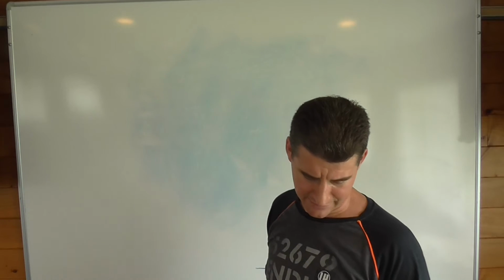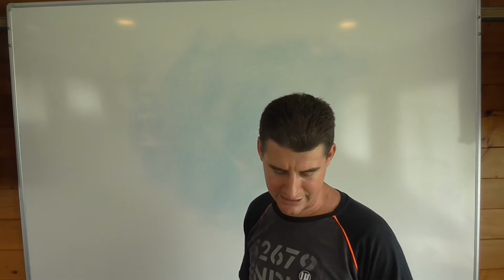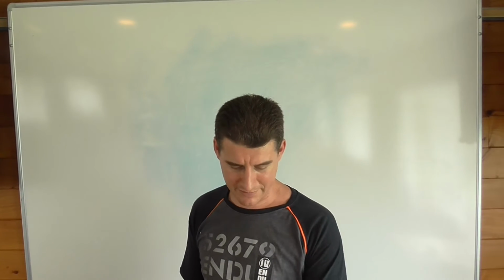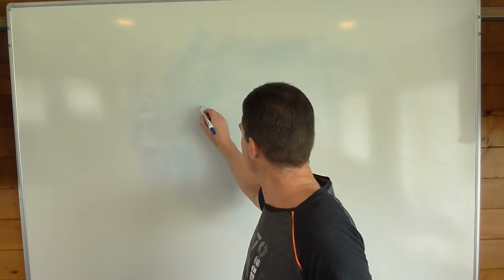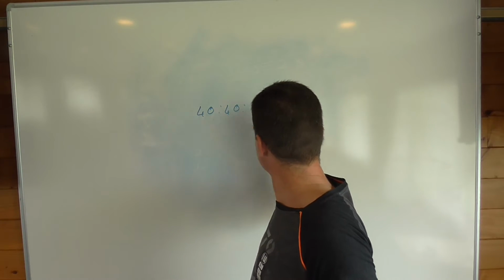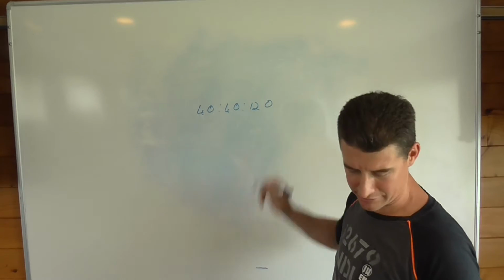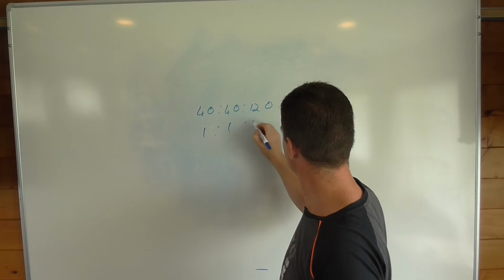Okay, so it says 200 kilograms of a certain concrete mix is made by mixing 40 kilograms cement, 40 kilograms of sand, and 120 kilograms gravel. So in other words, it's 40, 40, 120. So luckily, what can go into that? 40 can go into all of them, because 40 goes in there. 1, 1, 3.